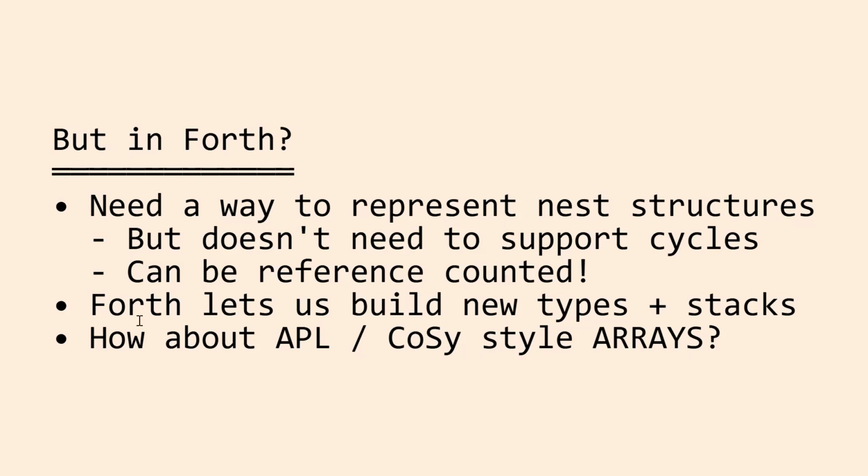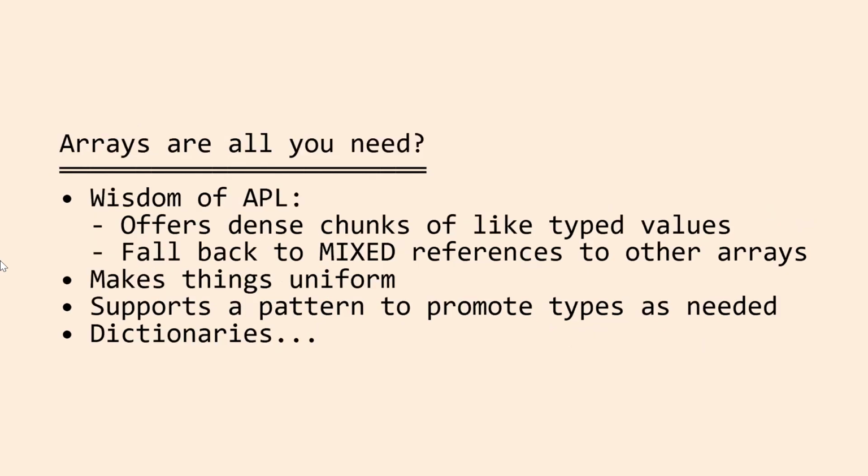And Forth lets us build new types and stacks. For those that saw my most recent talk, I've also been pondering things like APL and Cozy. So could I do something in a style that is borrowed from that world here? For this particular problem, at least, I think maybe all you need is an array-like structure, a dynamic array.